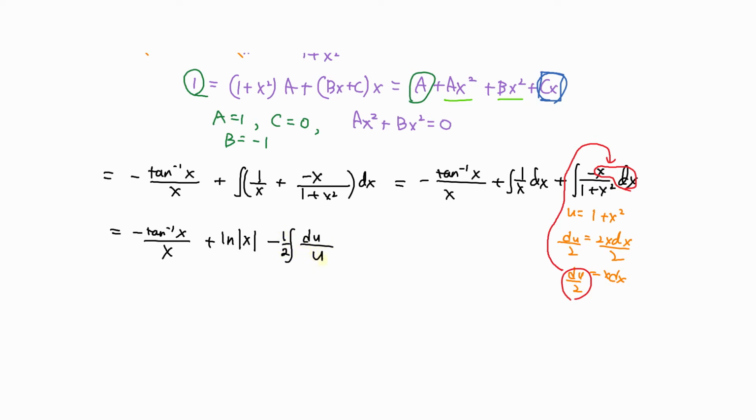Du over u again has the same format as the 1 over x dx integral. Therefore, I'm gonna have negative 1/2 ln u. I can put u here with the absolute value. However, notice that 1 plus x squared will always be positive. Therefore, the absolute value is not really needed. So instead, I'm going to have a parenthesis, 1 plus x squared, plus C.